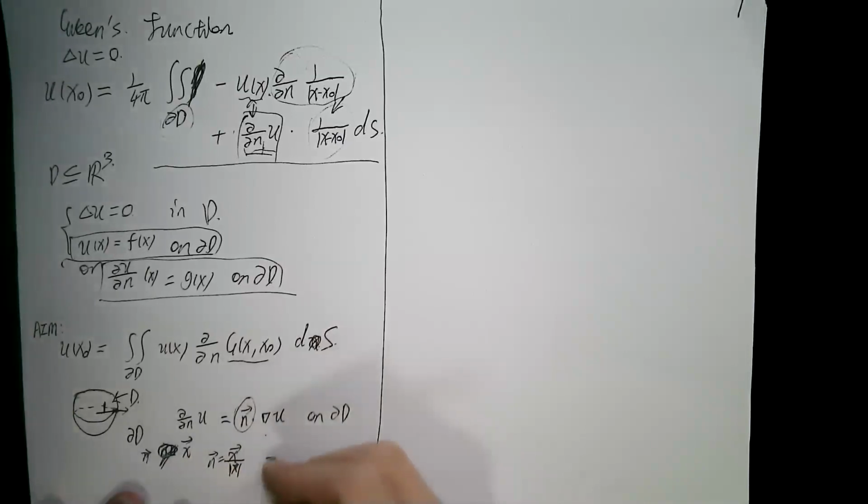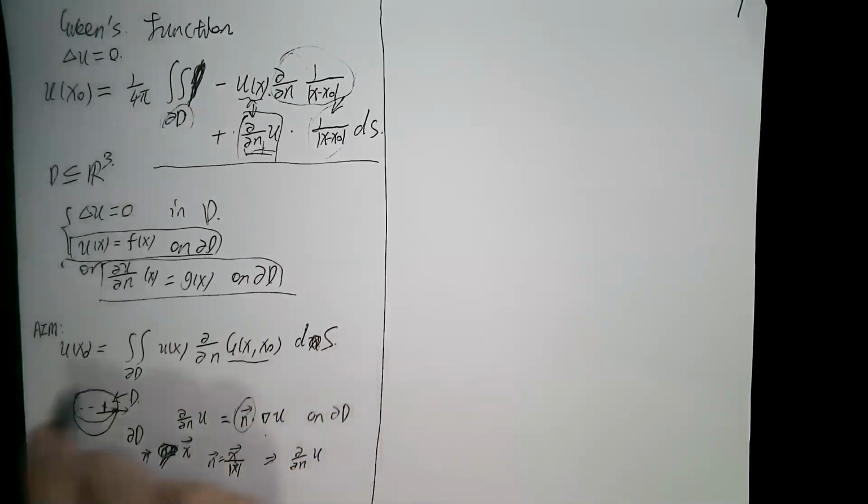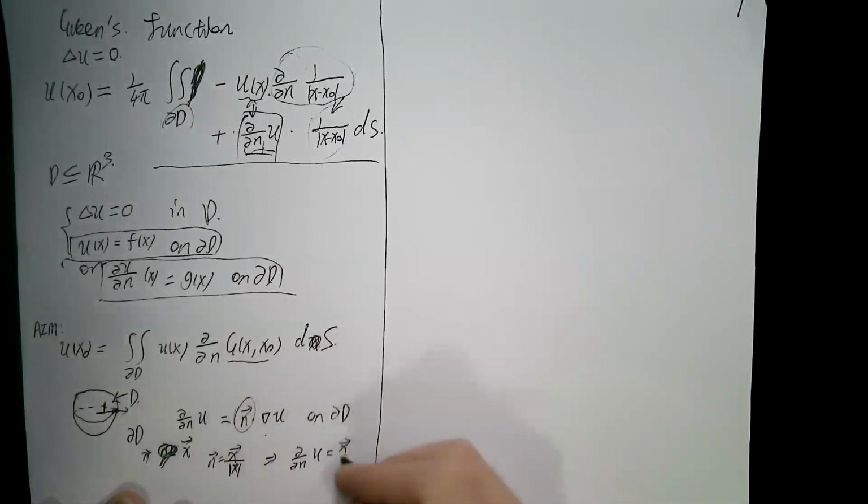So partial n u on this example is equal to x, normalized, times the gradient of u at x on the boundary of D. So it could be very complicated, unfortunately.